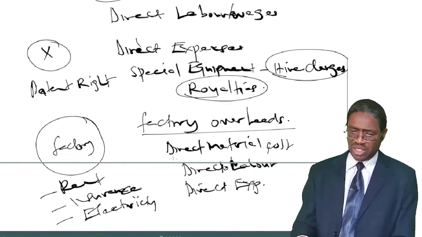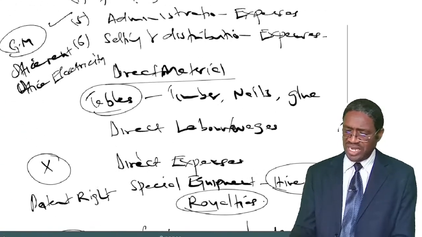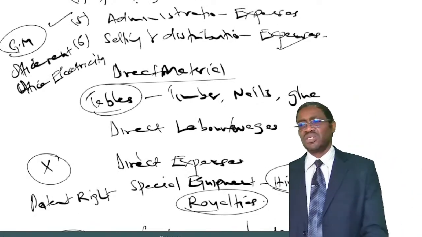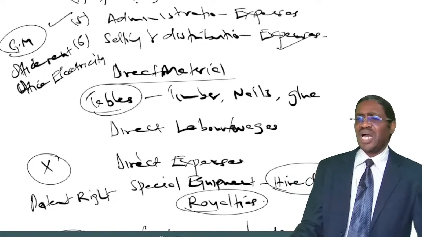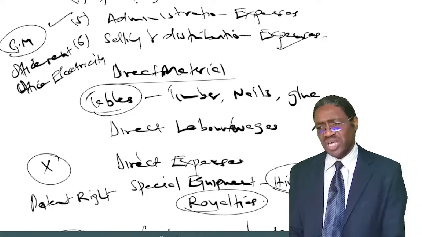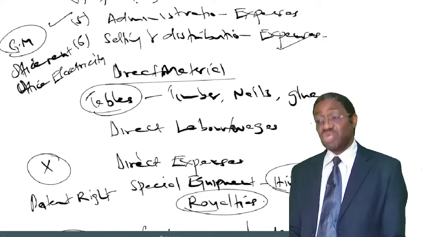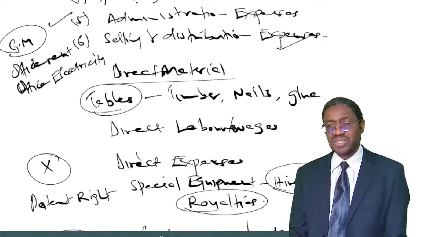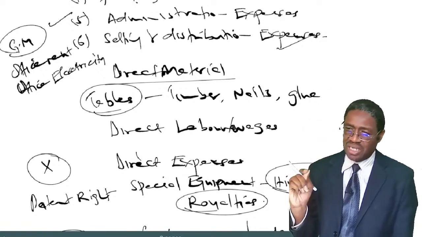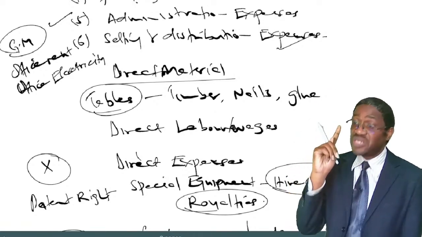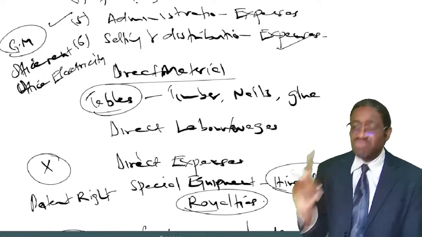Now let me mention what is selling and distribution. Selling and distribution expenses are those expenses which are incurred in the process of selling and distributing.